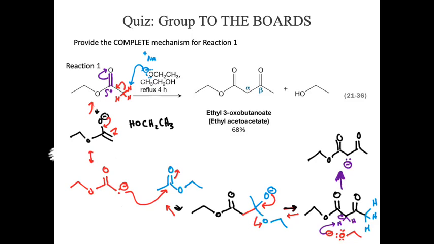But it's just so unfavorable if we look at the actual acidity between those, that the purple ones are the stronger acids. The purple ones are more acidic than the blue ones. We're not going to get a significant concentration of the blue nucleophiles, which means we don't have to stress about that end of it.